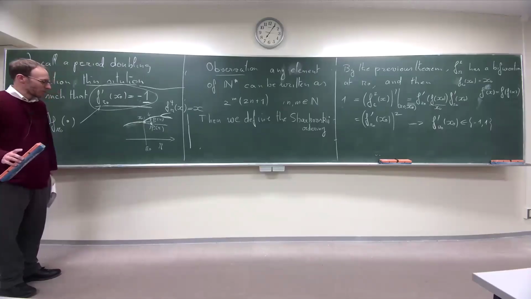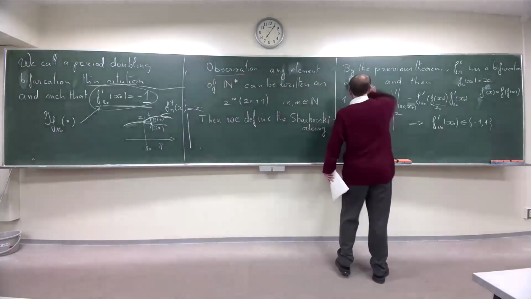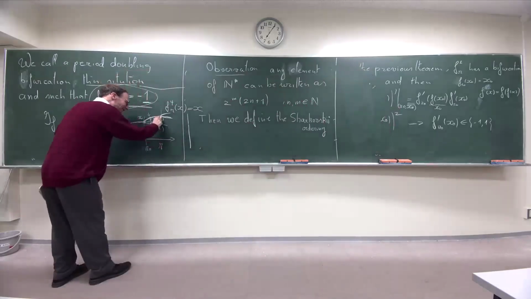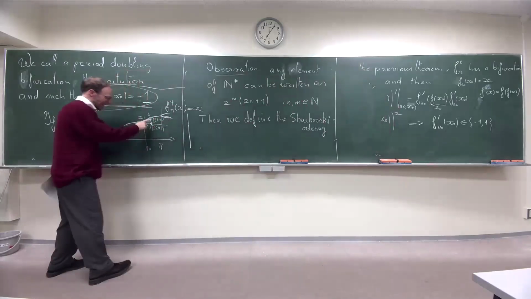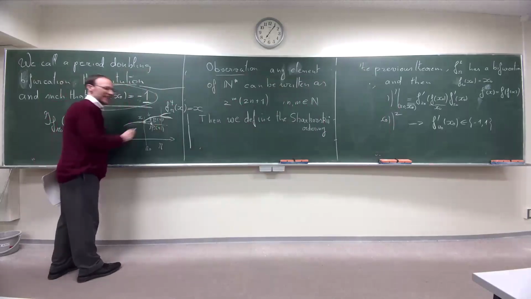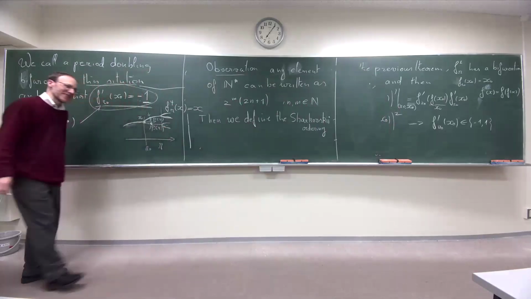Okay, I see. I don't know the answer to your question. The question is, in fact, I don't know. That's why I consider only this case. But when we have a period doubling here, does it appear simultaneously here or not?